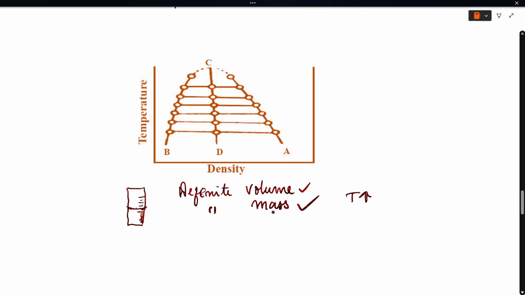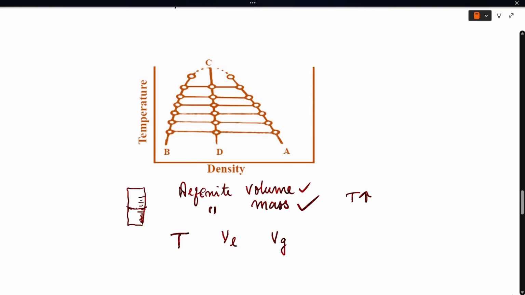So we take a definite mass of a liquid within a sealed graduated tube, and I keep it at a constant temperature T first, and then I find out the volume of the liquid and the volume of the gas at that particular temperature.